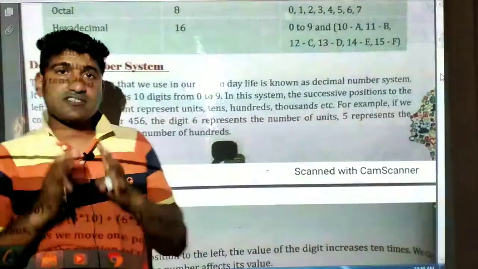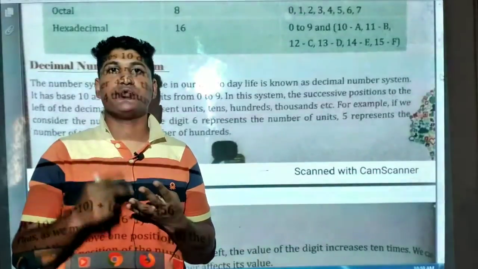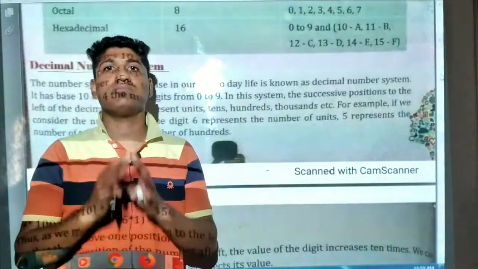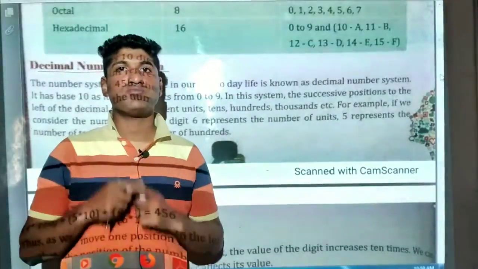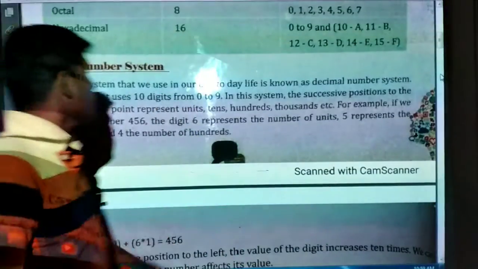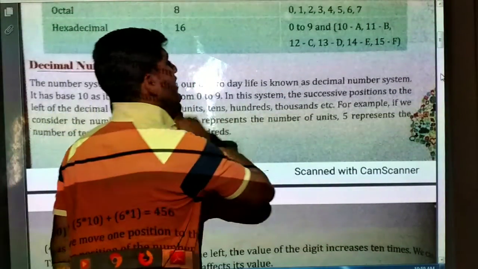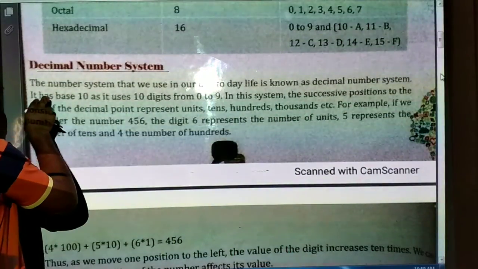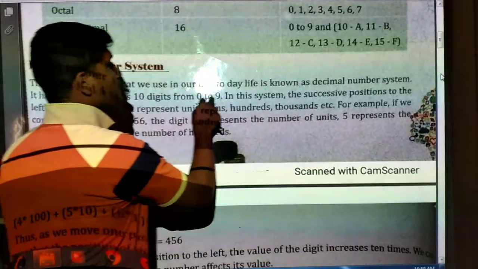The numbers that we use in our daily life, that is 0, 1, 2, 3, 4, 5, 6, 7, 8, 9 are the decimal number system, and its base is 10 because the number of these digits is 10. So the number system that we use in our daily life is known as decimal number system. It has base 10 as it uses 10 digits from 0 to 9.